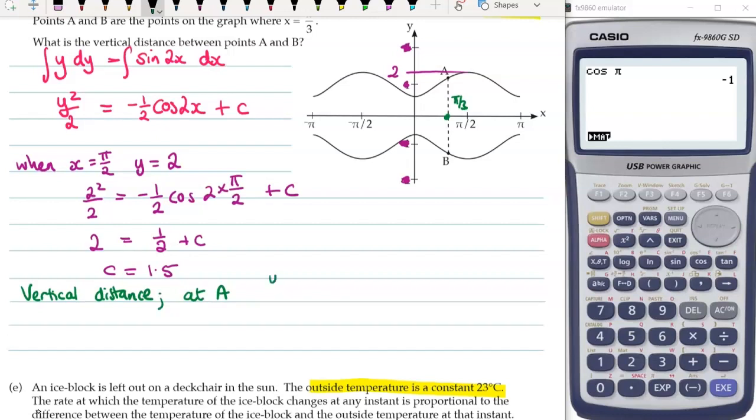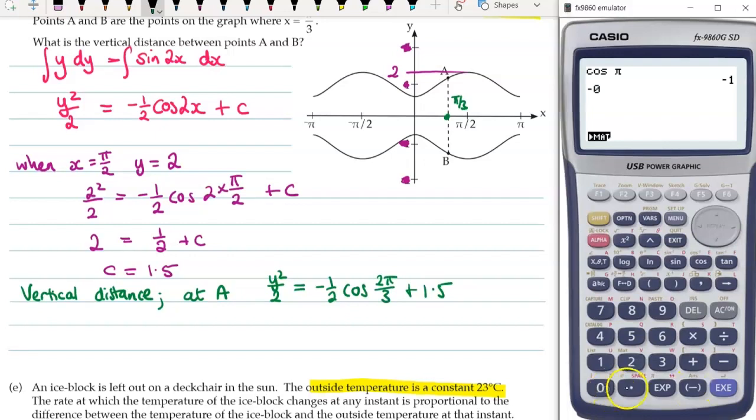So y squared over 2 is equal to minus a half cos of 2 times pi by 3 plus 1.5. So minus 0.5 cos 2 pi divided by 3 plus 1.5.